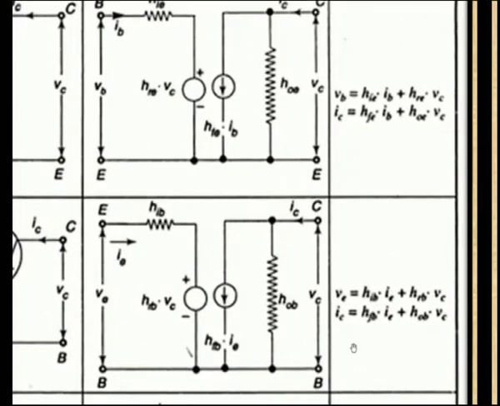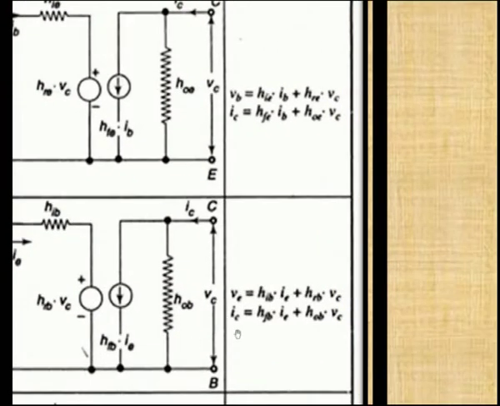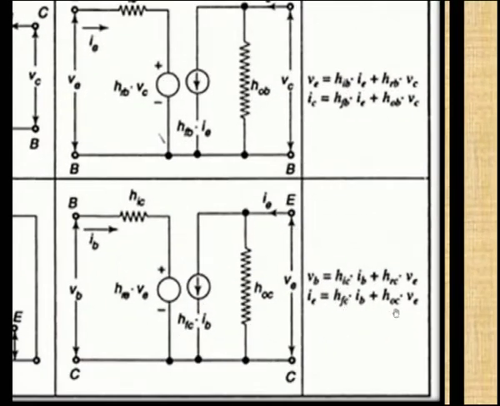For the common base configuration, everywhere for the hybrid parameter you will be seeing B in the suffix, and for common collector it is C instead of B. So, HIC, HRC, HFC and HOC.